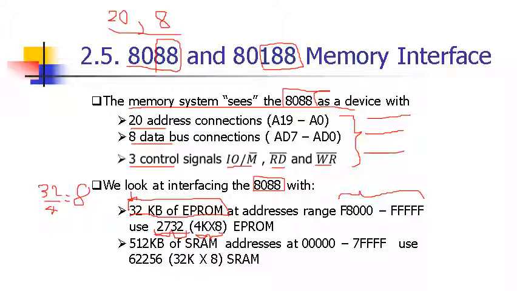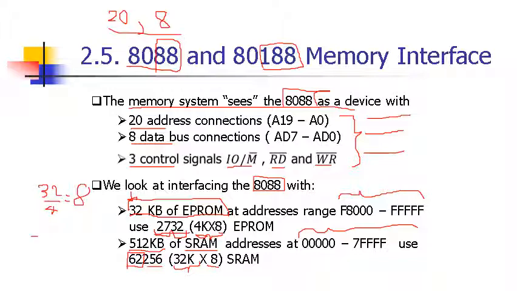The second problem, we need to connect 512K bytes of static RAM using this address range to the same 8088 microprocessor. Again, using this specific series of static RAM 62, composed of a total of 256K bits, organized as 32K memory locations, each of 8 bits.